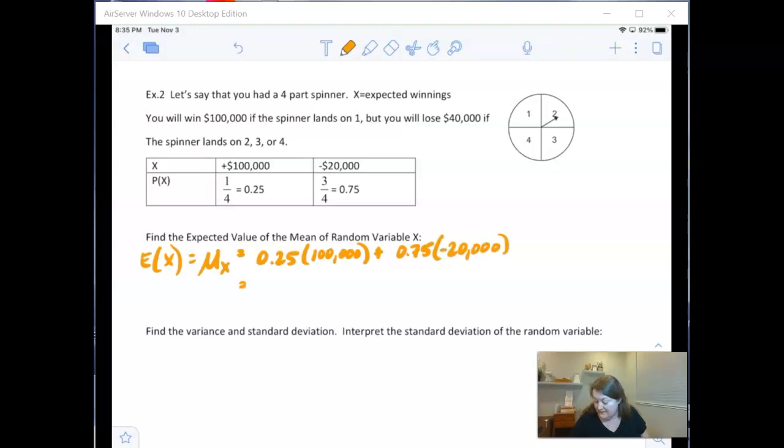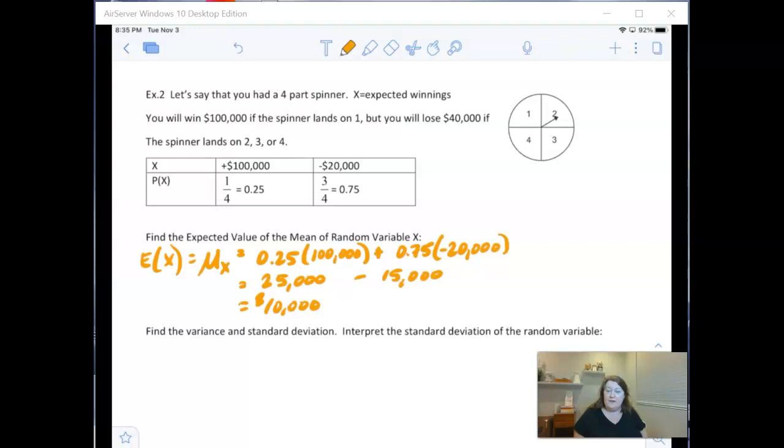Okay, and if I do that, I should be at, let's see, $25,000 minus $15,000, which would be a positive $10,000.